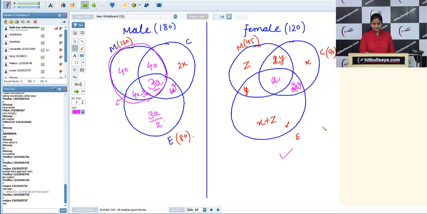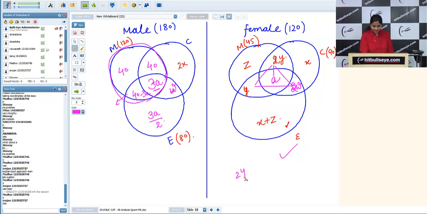Now we will take one more direction. Yes, the last direction. Of the male students, 105 studied more than one stream in engineering. And of the female students, 90 studied more than one stream in engineering. So we can say the total of these four is 90.